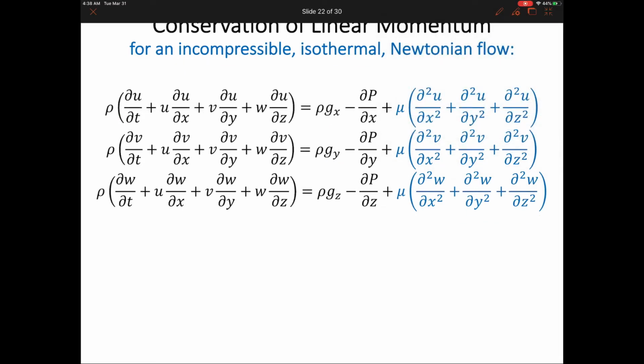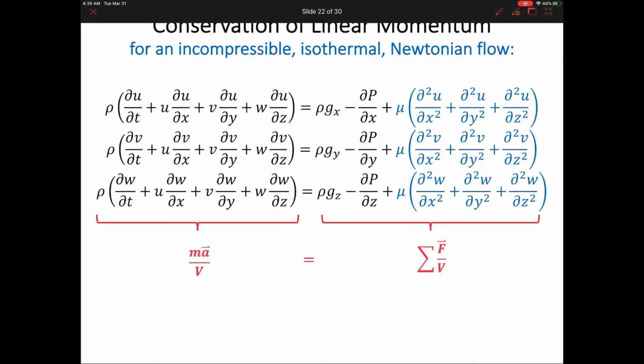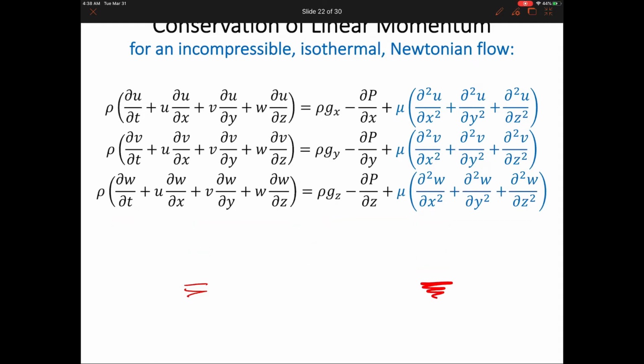Now, as a reminder, as I've reminded a number of times now, this whole thing is equal to F is equal to ma, or in this case, mass times acceleration divided by volume is equal to sum of our forces divided by volume.